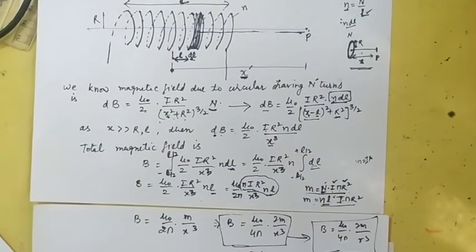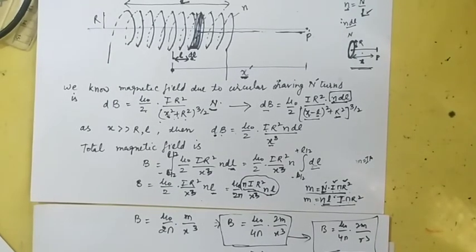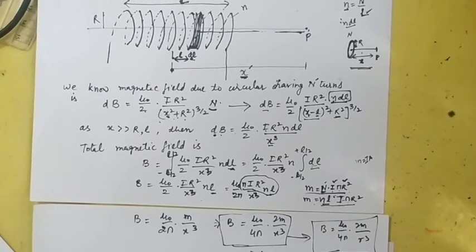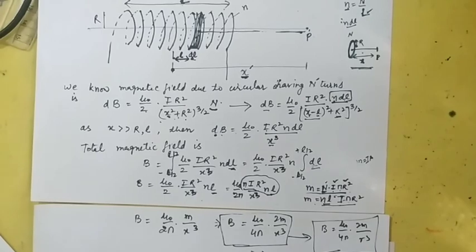One of the main advantages of replacing the bar magnet with a solenoid is that with the help of the solenoid I can change the magnetic field by changing the current. But a bar magnet is a fixed one, it has a fixed magnetic field. So this is the main advantage of the solenoid.